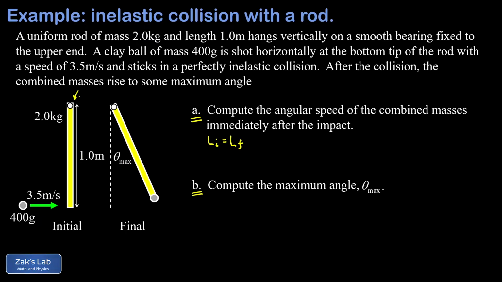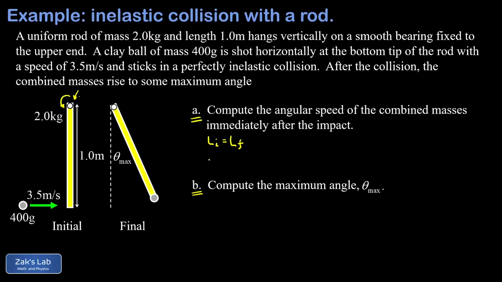Our initial angular momentum is all in this point mass that's just moving along with a translational velocity of 3.5 meters per second. And this thing does have angular momentum with respect to this rotation axis at the top. I'll post a link to the video where this was first derived. I did a video on the angular momentum carried by a point mass moving along in the translational sense.